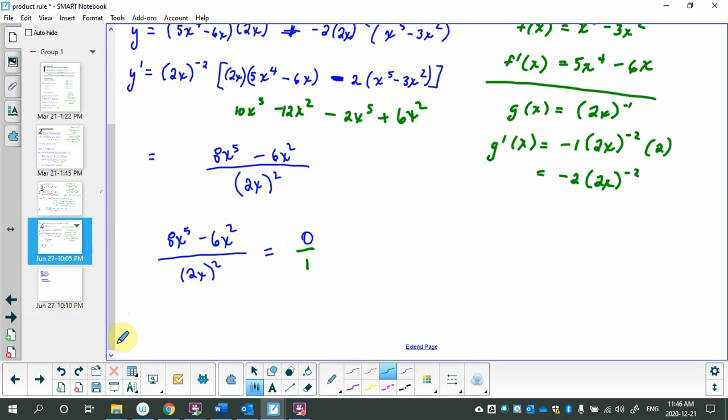So this is where calculus goes back to basic math. If I cross multiply, this way will be 8x to the 5 minus 6x squared times 1, which is 8x to the 5 minus 6x squared, equal sign, cross in the other direction. 0 times I don't care is 0.